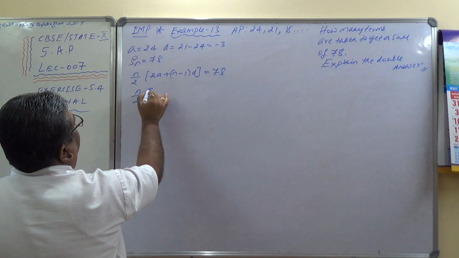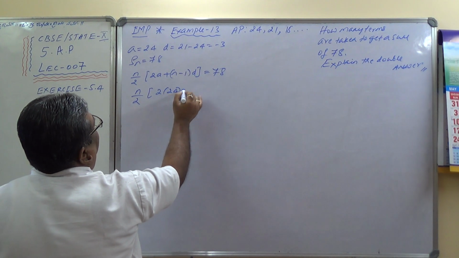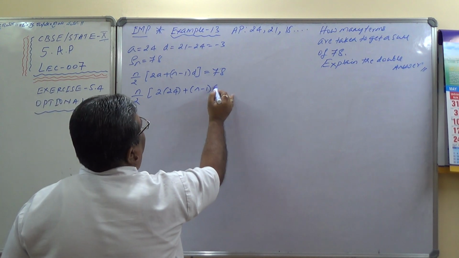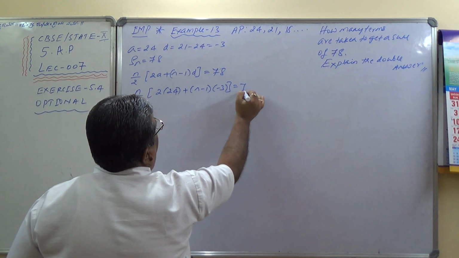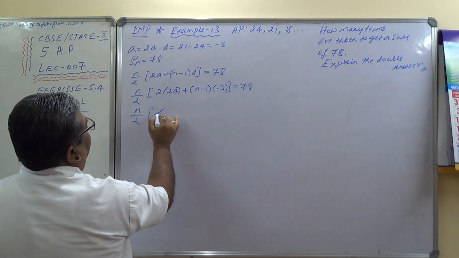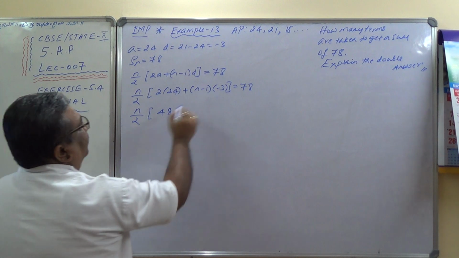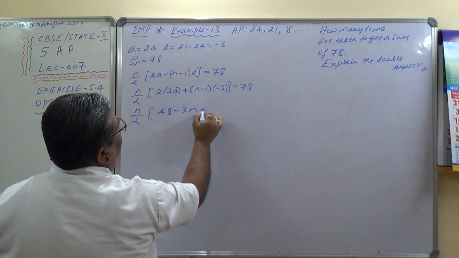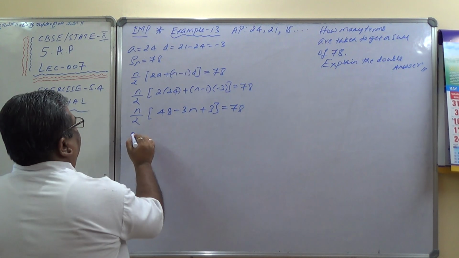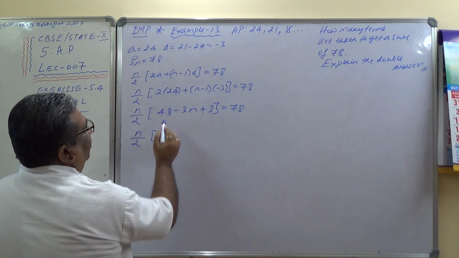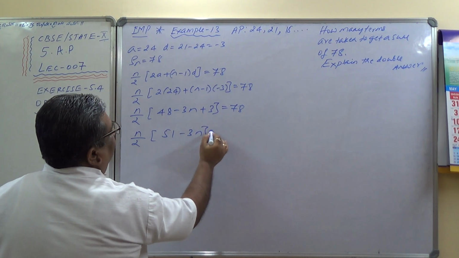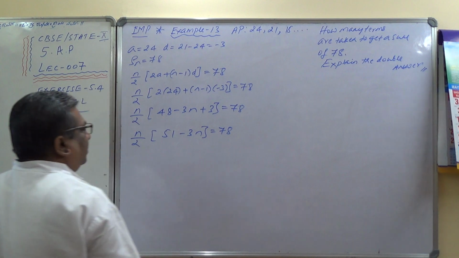So n by 2 into bracket 2 into 24 plus n minus 1 times minus 3 equals 78. So n by 2 into bracket 48 minus 3n plus 3 equals 78. n by 2 into bracket 48 plus 3, 51 minus 3n equals 78.